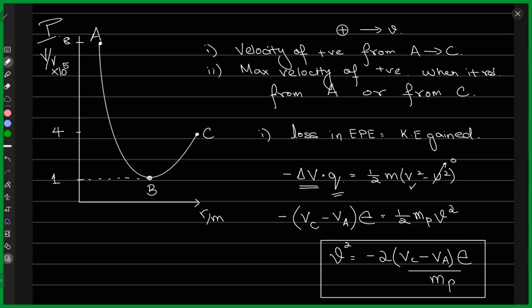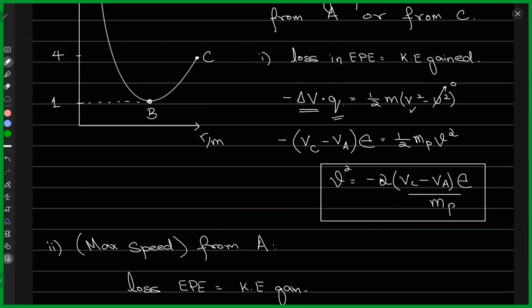And half mv squared, m is the mass of this proton, which is the positive charge, and v squared is what we want to find. So we'll factor out this velocity squared expression, which comes out this way from this expression. So this is the velocity if the proton travels from A to C. It will move with this velocity.